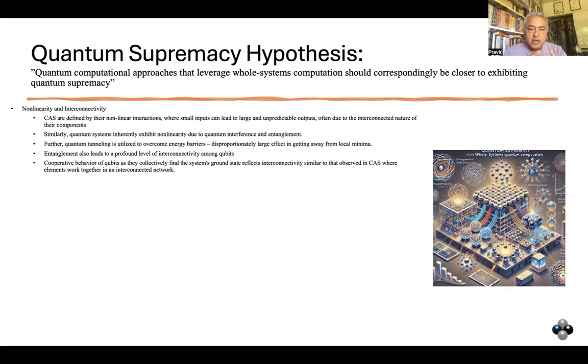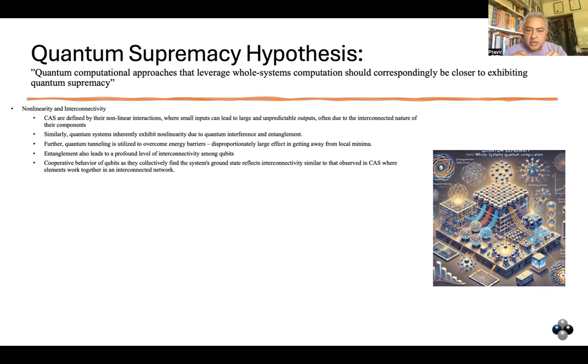And as we know from study of CAS systems in general, when we approach a problem from a CAS point of view, it yields better results than if we approach it from a linear point of view. And so that hypothesis is carried into the quantum realm.